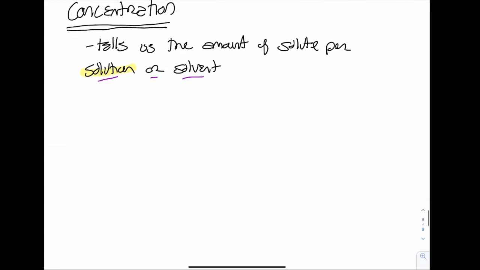The main focus of this video is going to be molarity. Molarity is a unit of concentration. It tells us the amount of solute per solution. Its abbreviation is a capital M. Please make sure it's capital. A lowercase m is our abbreviation for molality, which tells us solute per solvent. It's a different type of solution. So please make sure that your capital M's look like capital M's.